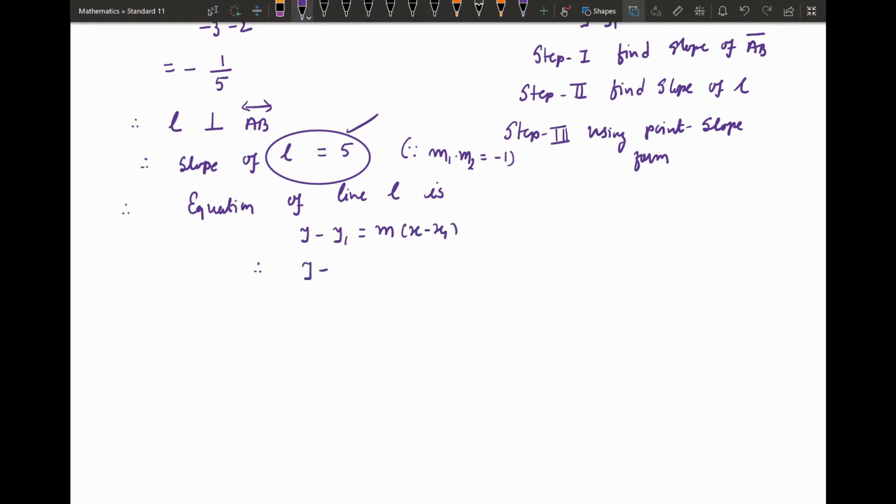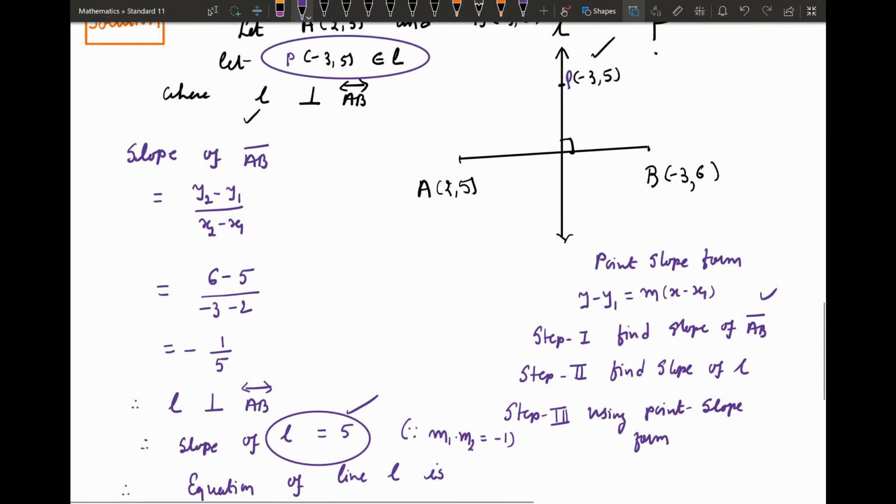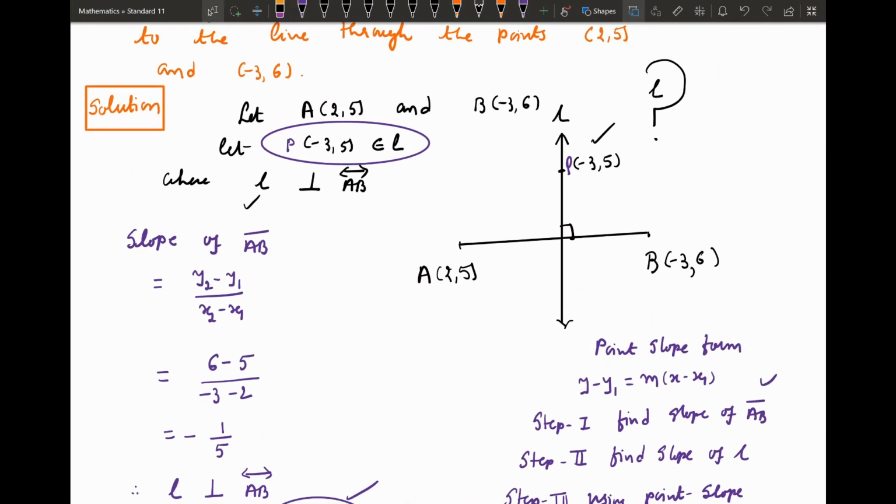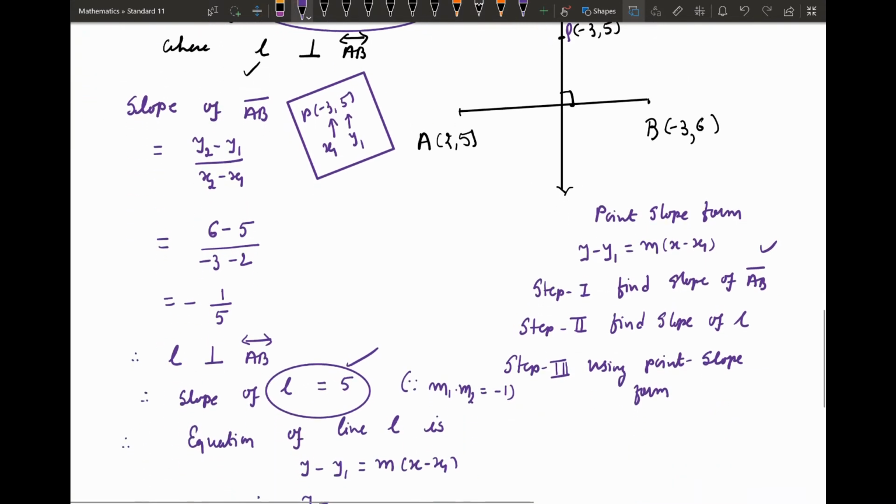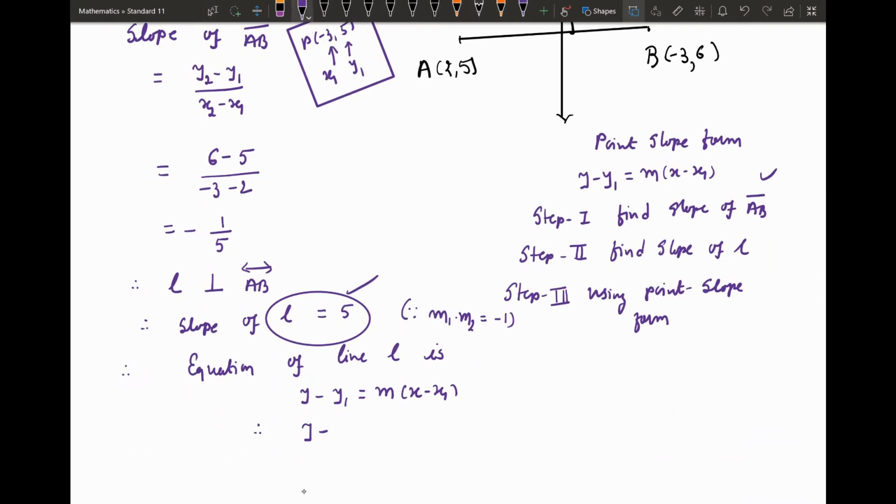The coordinates of point P are (x1, y1), P (-3, 5). So this is x1, this is y1. So y minus y1, y minus 5 equals slope 5 into (x minus x1). So x1 is -3, so minus minus plus 3.